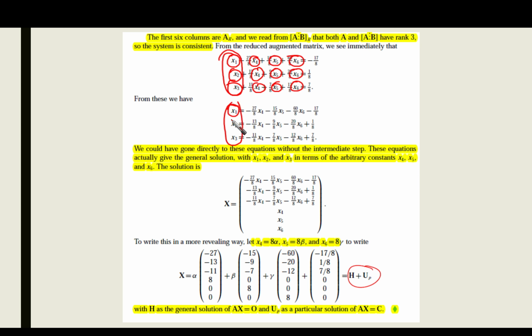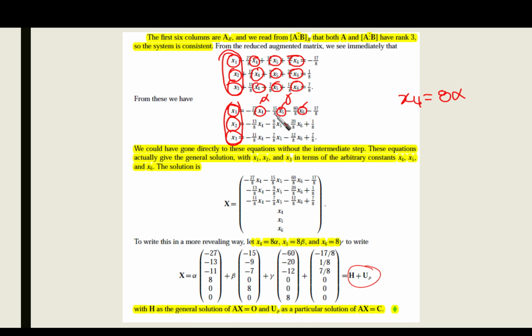That x1, x2, x3 is going to be a function of x4, which we are going to call alpha. x5 we call gamma, for example. Or for x6, maybe no need to say this, because we're going to put some values. We're going to assume that x4 equals 8 alpha, for example.